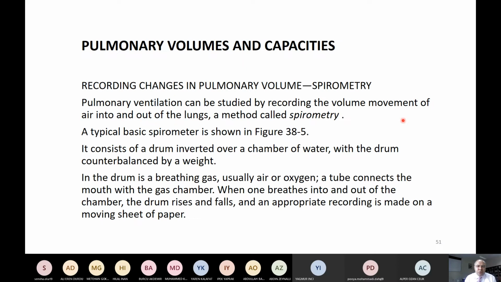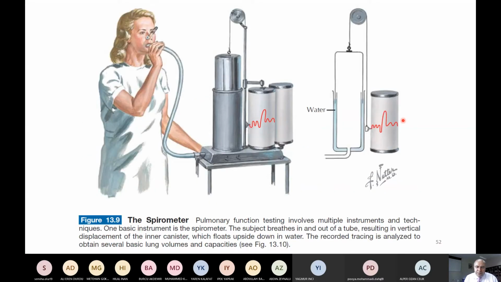Now the pulmonary volumes and capacities. In chest clinics, you will see they measure the lung volumes and capacities in lung diseases. This is a classical spirometer.